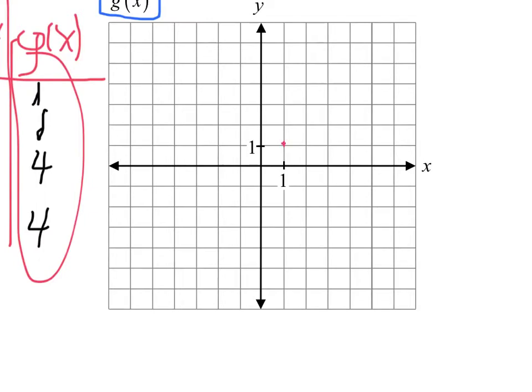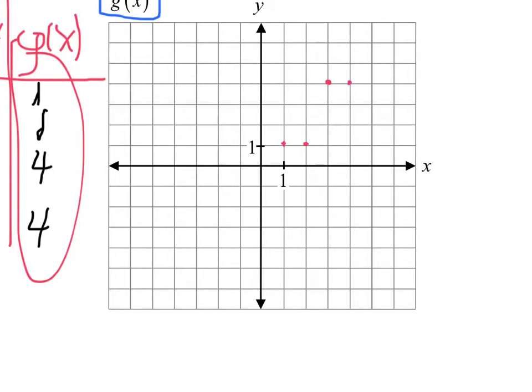And then the second point is 2, 1. And then we're at 3, 4. And then we're at 4, 4 again.